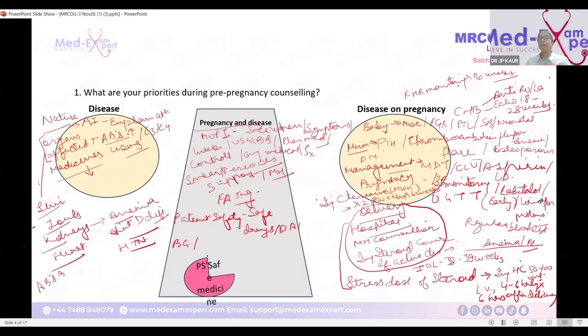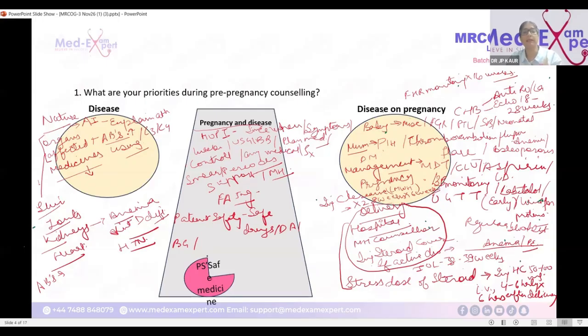And now it is my duty. They have said, what are your priorities during PPC. I will clearly be telling the patient that SLE, this autoimmune condition, may cause certain problems with the baby and with the mother.